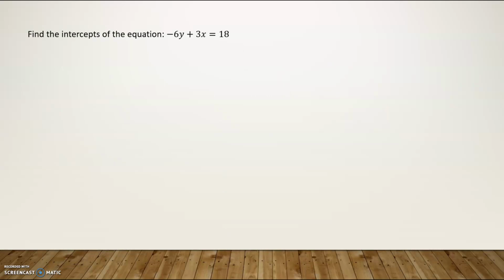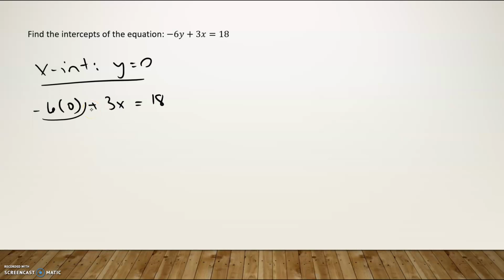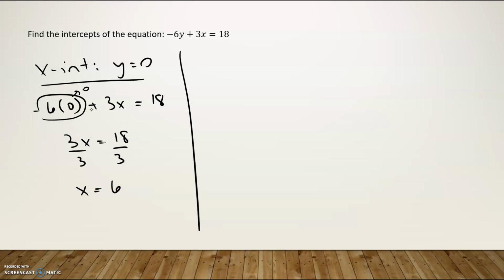Okay, so let's look at this one. So we're going to find the x-intercept, so that means y is equal to 0. So negative 6 times 0 plus 3x is equal to 18. This whole thing right here goes to 0. So you got 3x is equal to 18. Divide both sides by 3, so x equals 6.